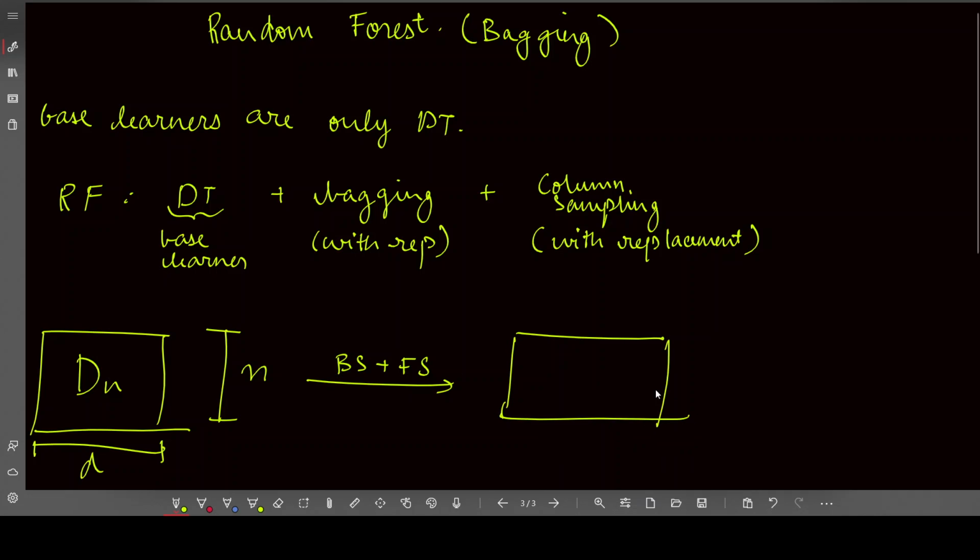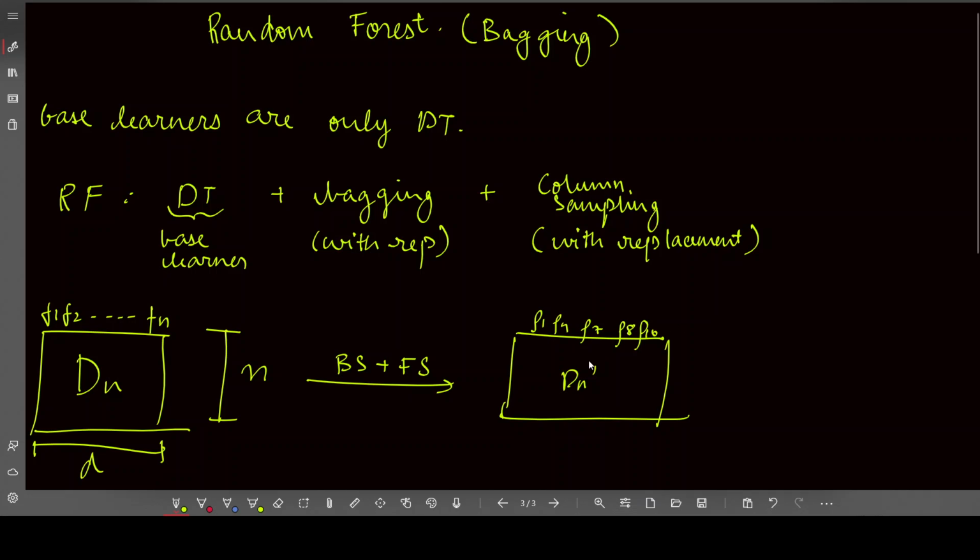Now what is feature sampling? Let's say I have features f1, f2, all the way to fd. Instead of taking all the features in my dataset, I'll take only a sample of these features, maybe f1, f4, f7, f8, f10. That will be my features.